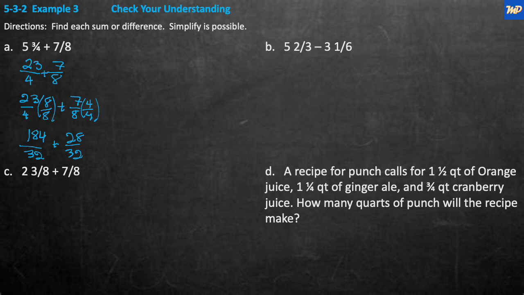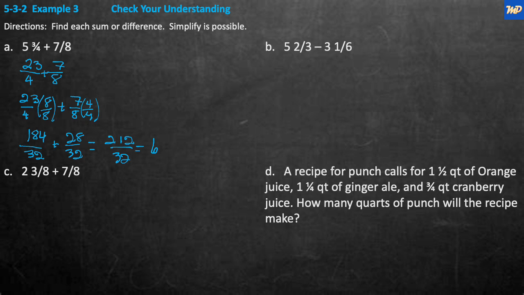These can be added together now, and we add 184 and 28, we get 212 over 32. If we divide 32 into 212 to convert this back to a mixed number, we get 6, because 6 times 32 is 192.